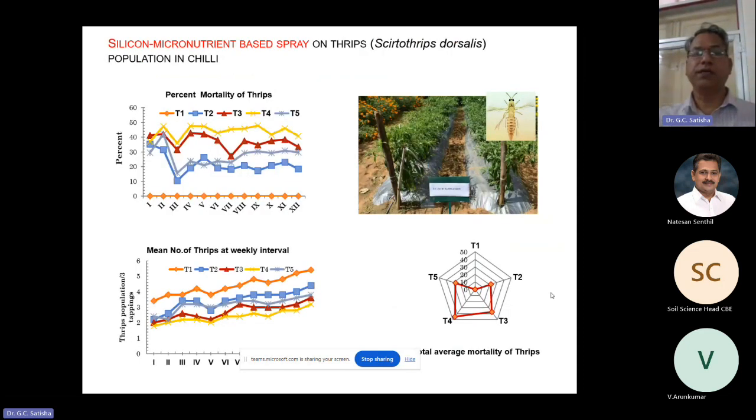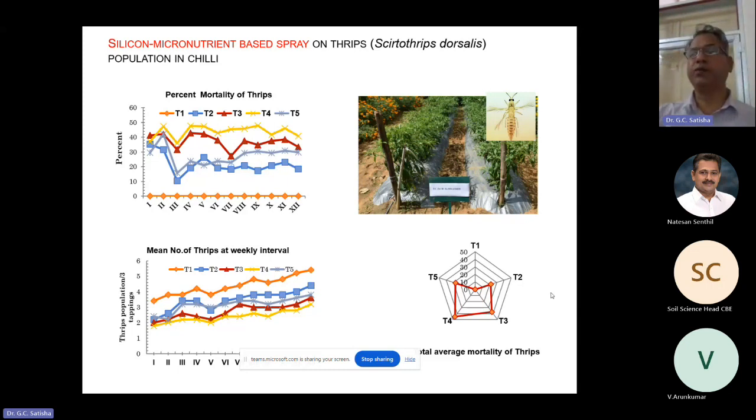Thrips mortality showed almost 50% reduction initially, and subsequently, over the cropping period, a drastic reduction, almost 25% to 80%. This is a very important observation.